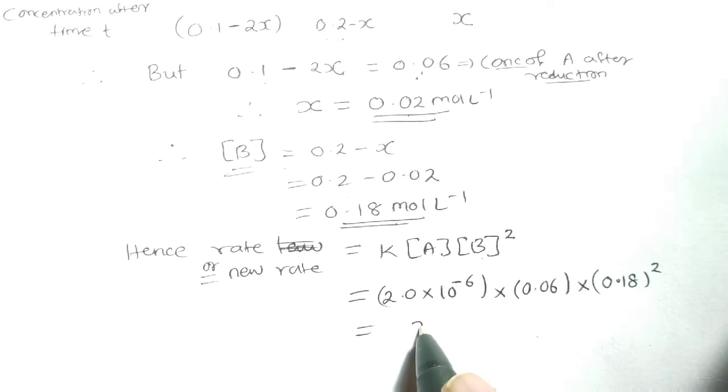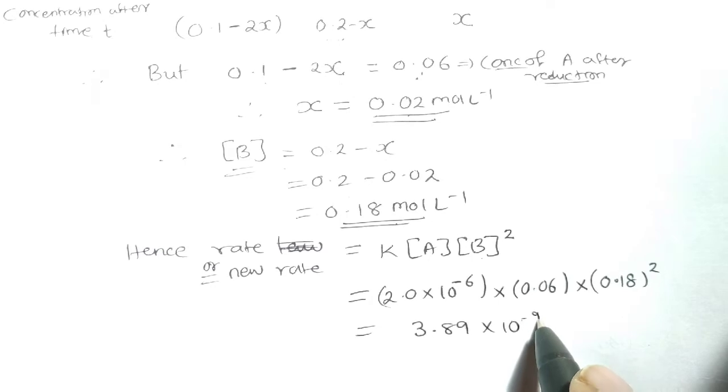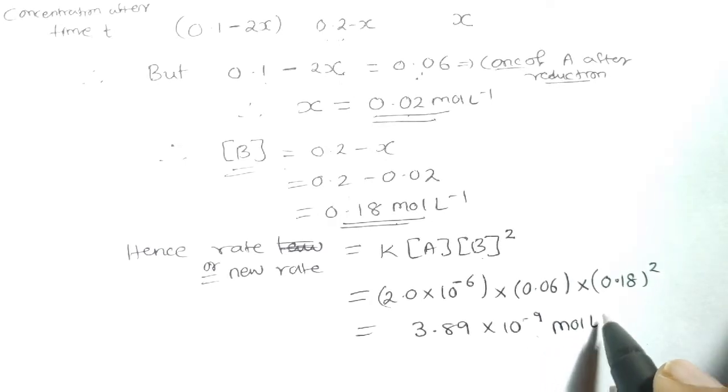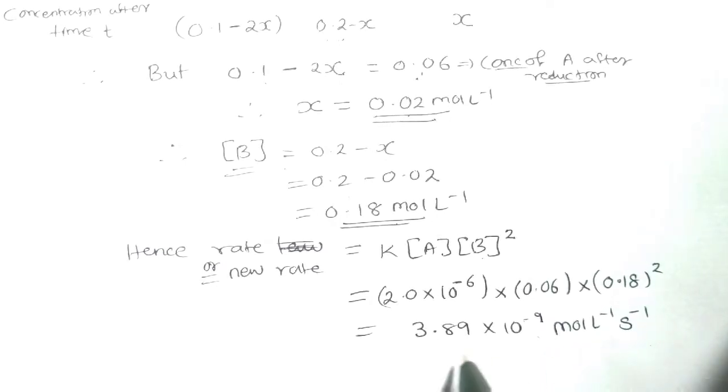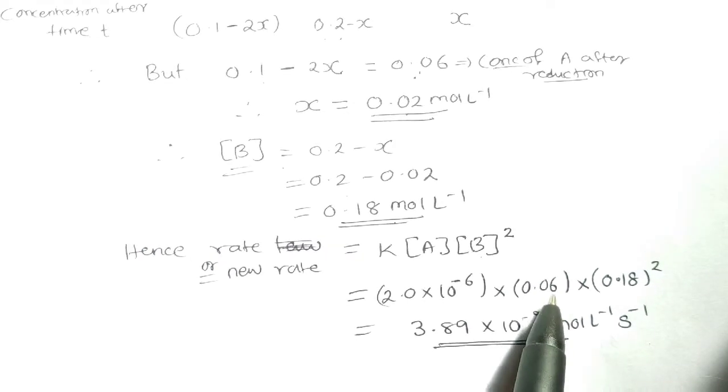If you calculate, it will be 3.89 into 10^-9 mol L^-1 s^-1. So this is the rate after reduction of the concentration of A to this value.